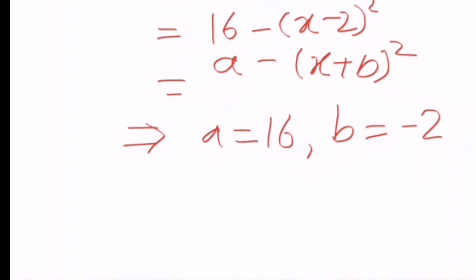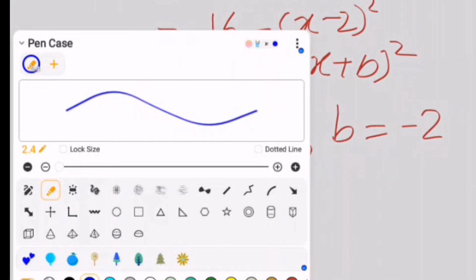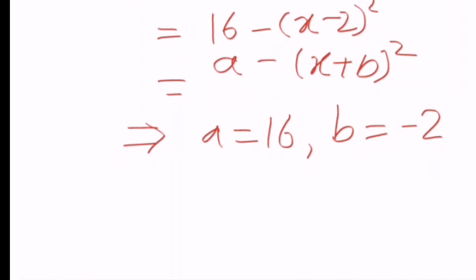Now what is the next part of the question? The next part is: hence or otherwise find the stationary point of the curve. We have to find the stationary point.